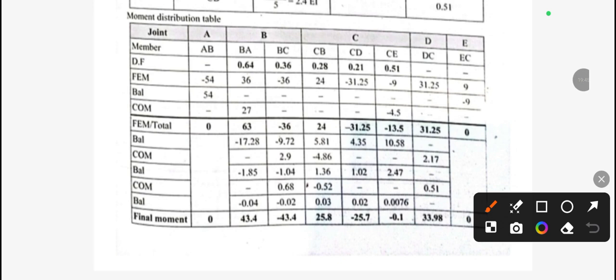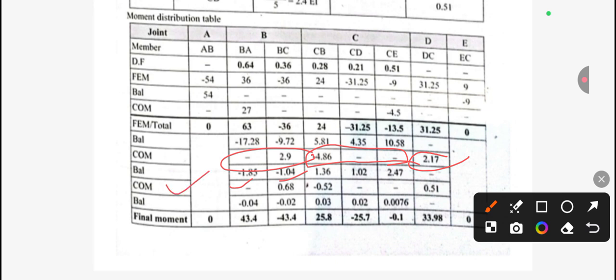Similarly, in the next step we need to balance and carry over. So for B we need to add these two values, multiply with the respective value and keep over here. Similarly, for these three values, we need to multiply with the distribution factor and change the sign and keep in the table.